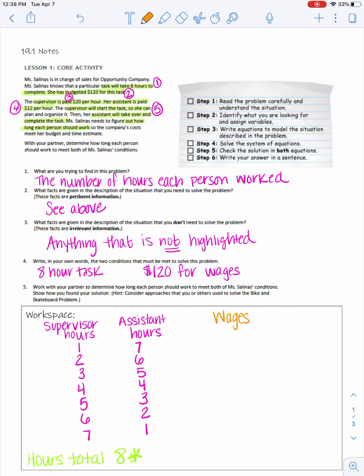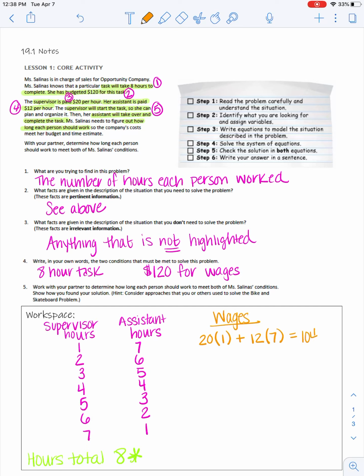The other restraint we have is that we're looking for the wages that cost $120. So we're gonna go through. We know that the supervisor makes $20 an hour. So I'm gonna take $20 times the number of hours the supervisor works. Then I'm gonna add to it $12 times the hours that the assistant works.